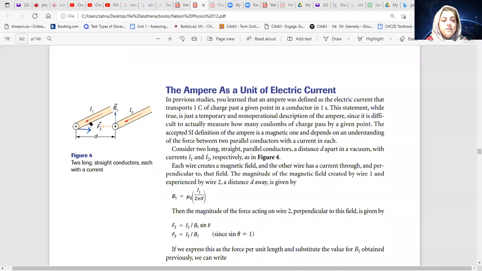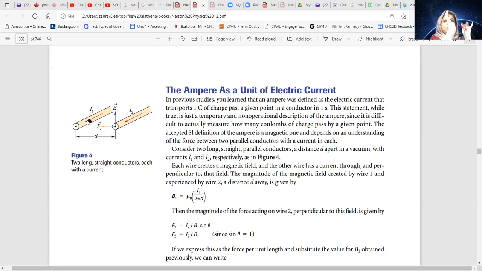I want to investigate how we find the direction of the force that this wire applies on the other one. This is how we do it. First, I know this is the wire with the moving charge, right? I use my hand, my thumb in the direction of the moving charge, and I bend my fingers to find the direction of the magnetic field around that wire.